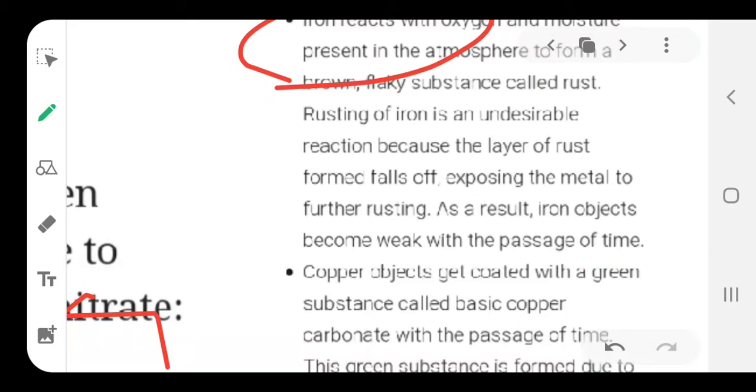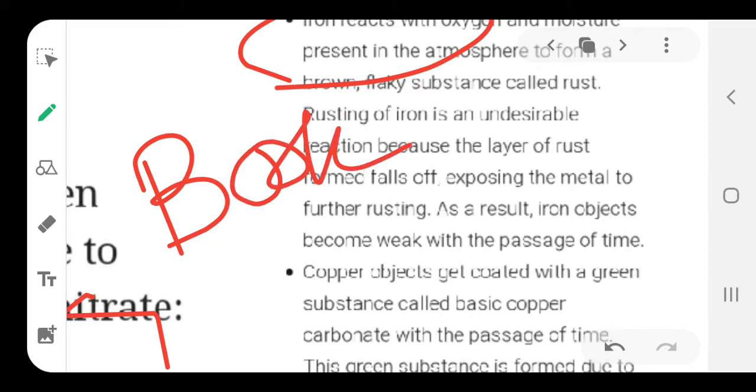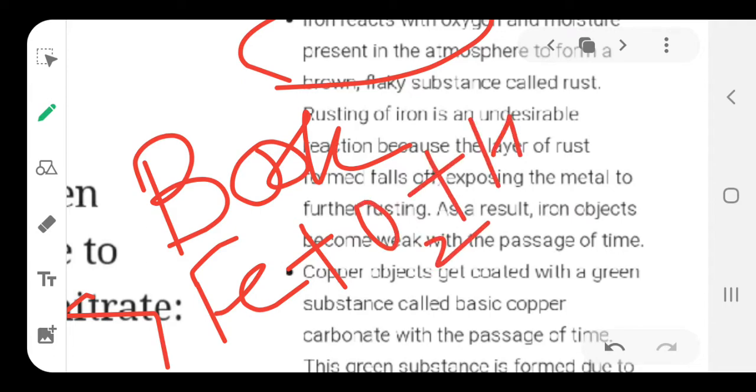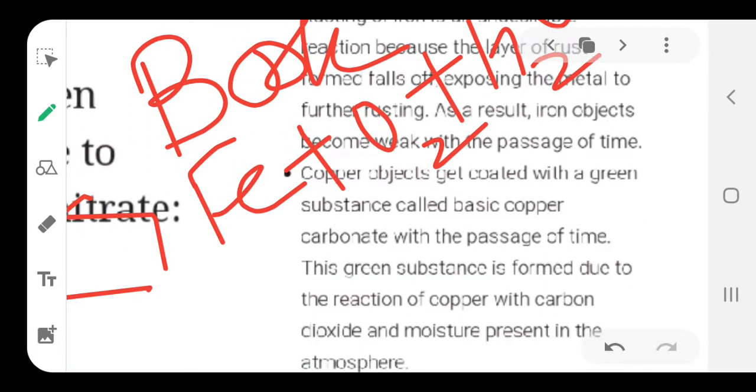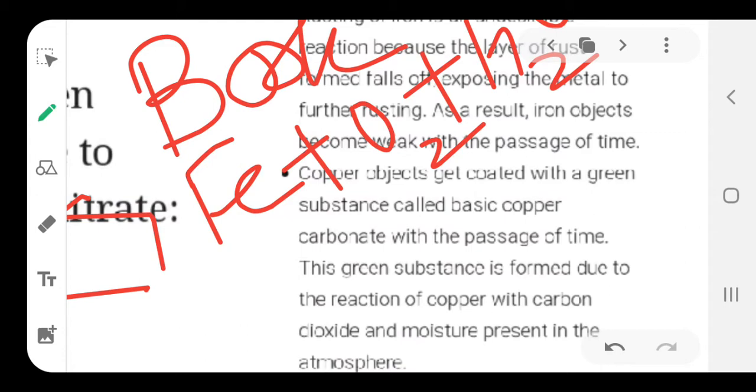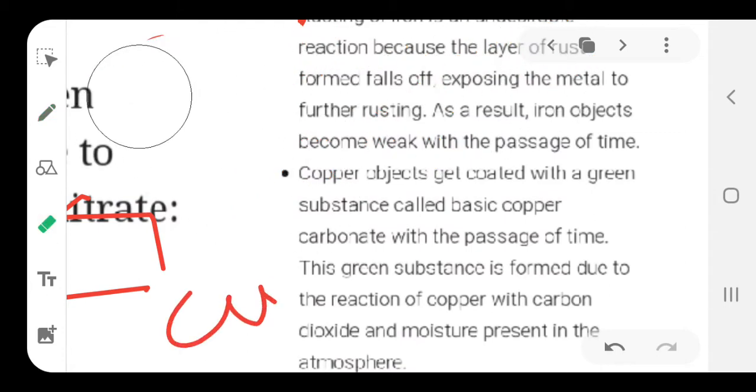Make sure these equations are mentioned in your book. Check those reactions with iron, with oxygen, with water, to form the rust. And similarly, we have the equation for copper that you have seen. You can refer to your book for the whole equation.